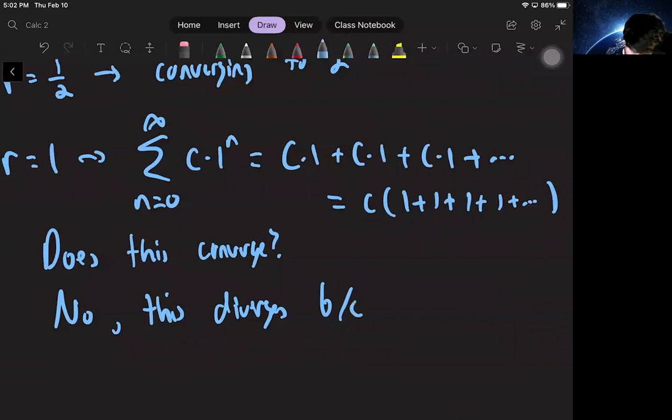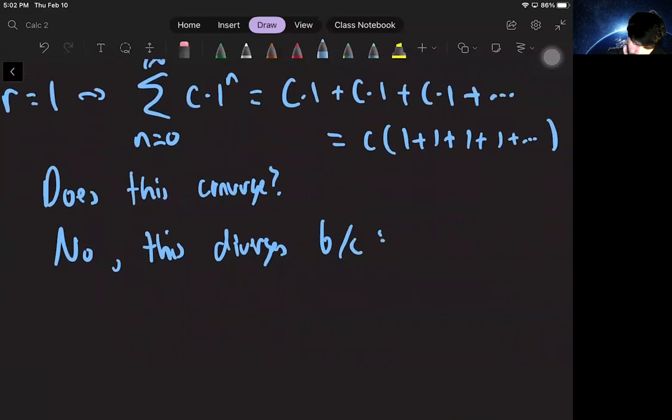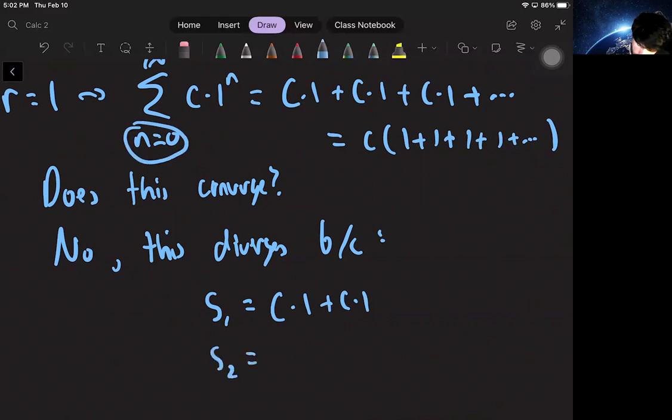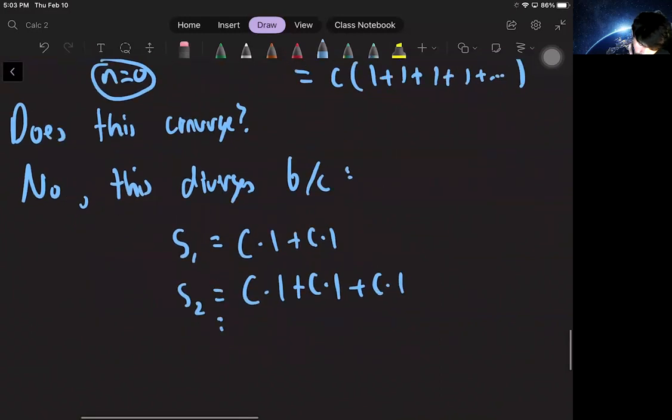And if you want to use the partial sums to be very precise about it, what would S1 be? So I guess it would be c times 1 plus c times 1, because we're starting counting at 0. S2 would just be c times 1 plus c times 1 plus c times 1. And what would Sk be in general?